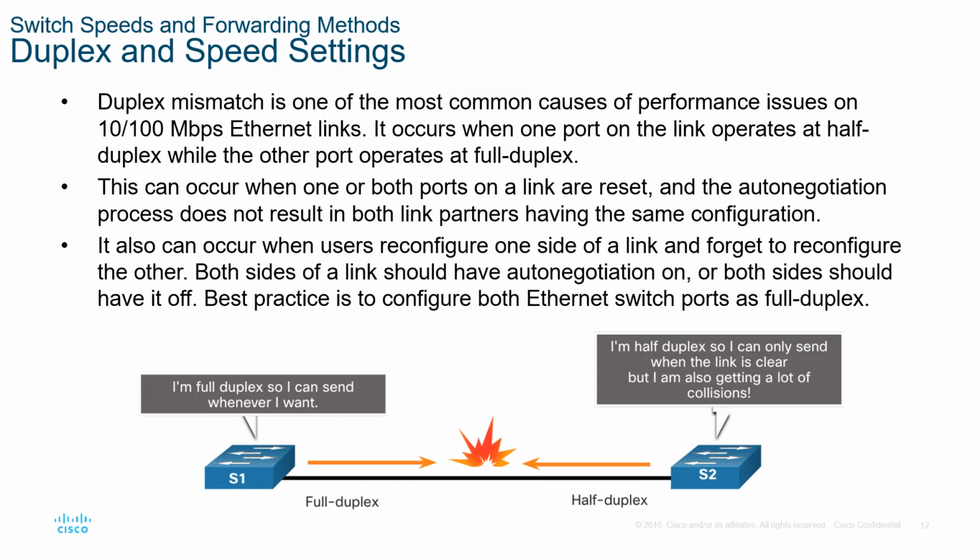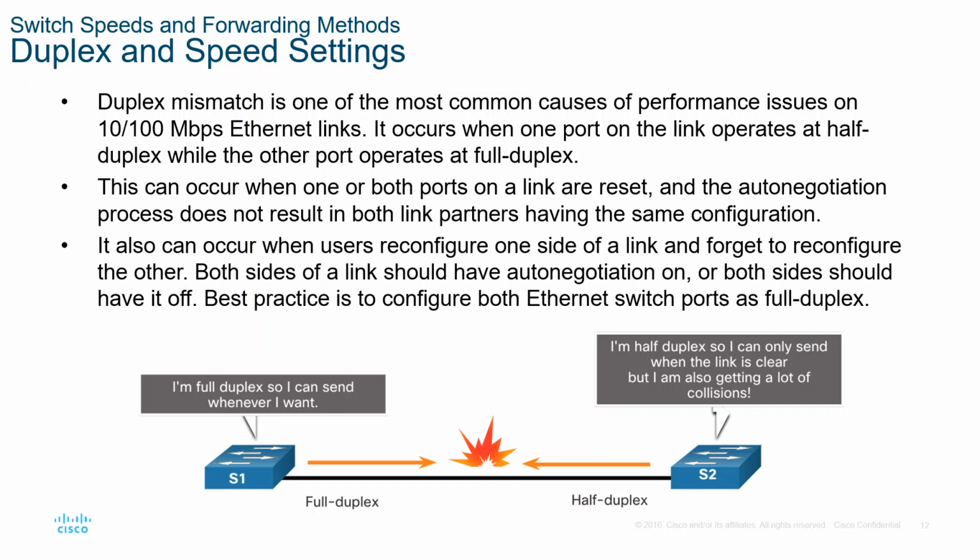For example, in this case, we have two switches, switch 1 and switch 2. Switch 1, by default, has the port set to full duplex. But the network administrator reconfigured one side of a link as half duplex, for example, and forgot to reconfigure S1 as half duplex.